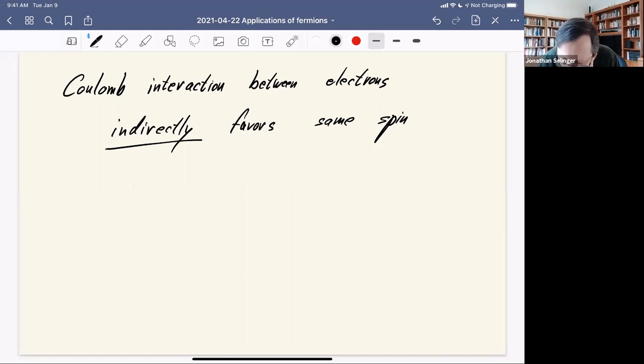That the fermion character of electrons is making a relationship between the spin wave function and the position wave function, so that the Coulomb repulsion has this indirect effect. So this is a kind of exchange interaction between electrons.